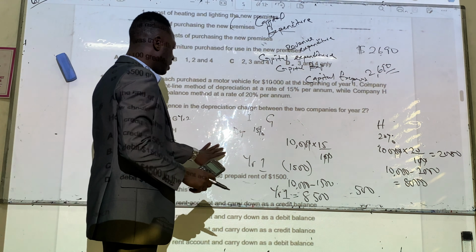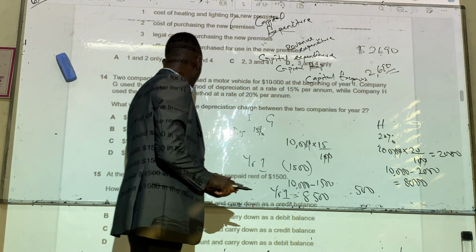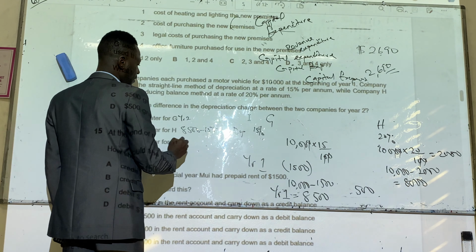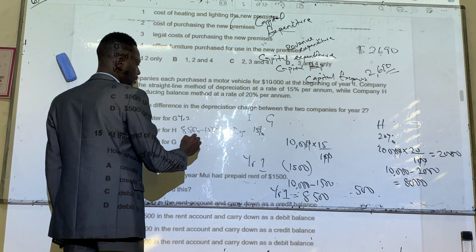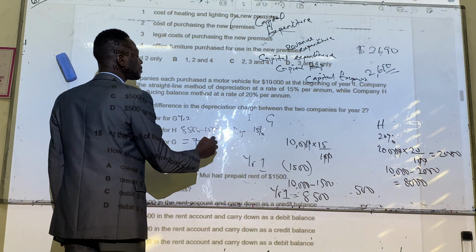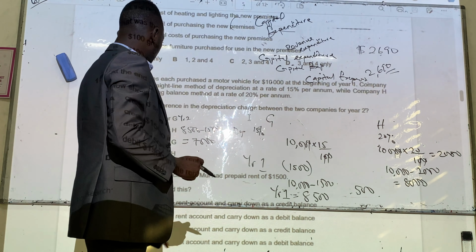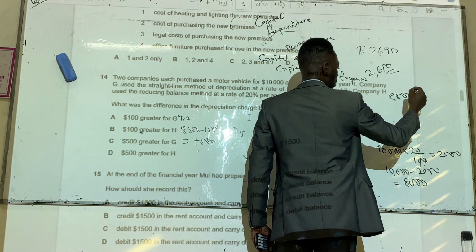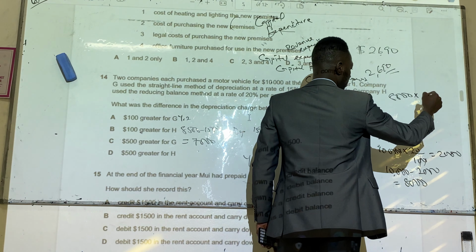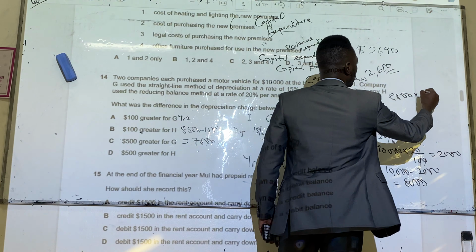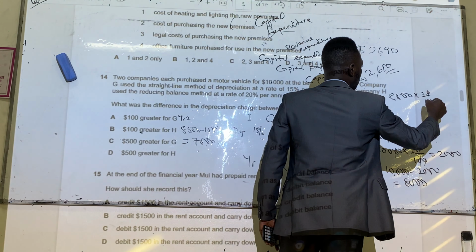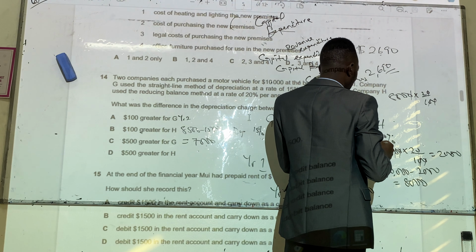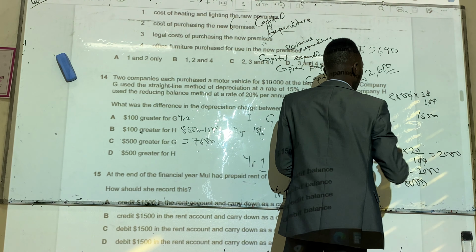Then we go to year two, for G. Because for the straight line method, it's going to be the same value, which is 1,500. So we have 8,500 minus 1,500, that's 7,000. And for H, using the reducing balance method, we have 8,000 multiplied by 20 over 100, so that's 1,600.